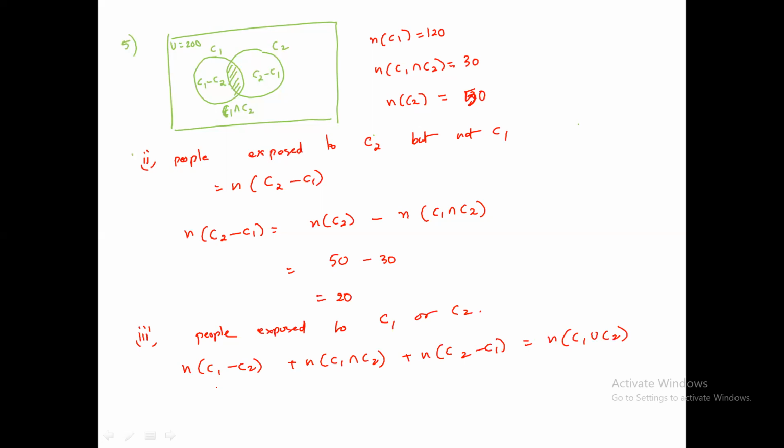So for the first part, we got 90. Then C1 intersection C2 is 30. For the second part, we got 20. So when you take the sum of all, that is n of C1 union C2, you will get 140, as we got previously. So you can do this way also.